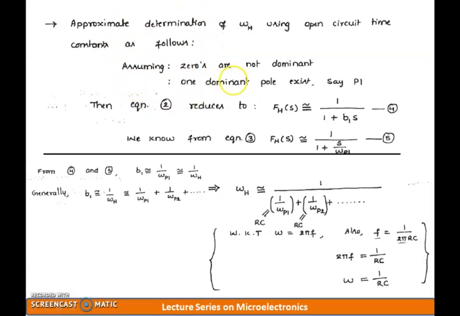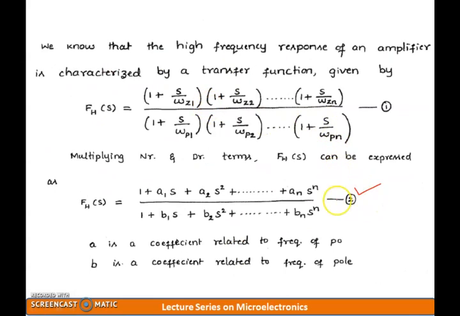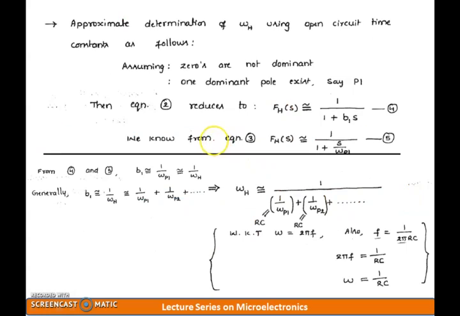Now assuming zeros are not dominant, and that only one dominant pole exists, say P1, this equation, equation number 2, can be reduced to the form H of s is approximately equal to 1 divided by 1 plus b1 s, and this b1 can be replaced with the help of omega p1.